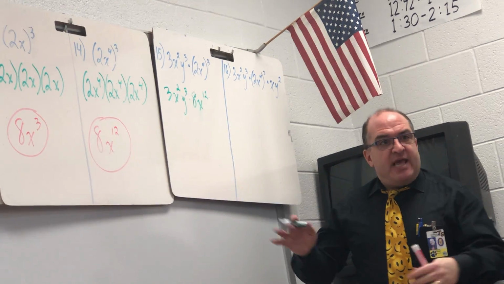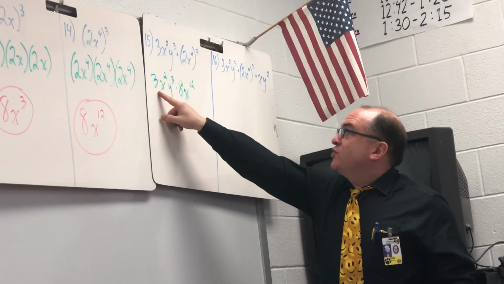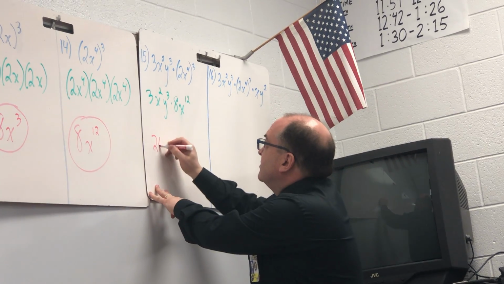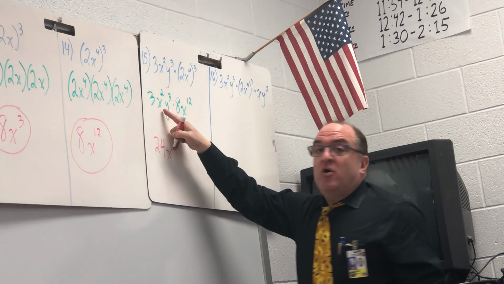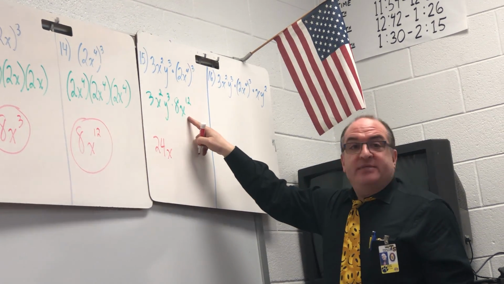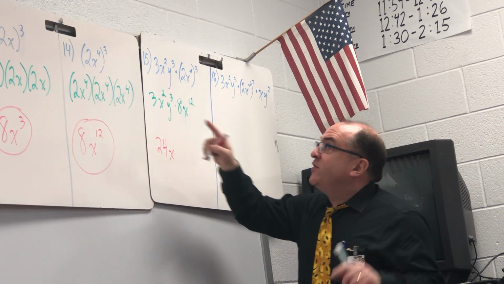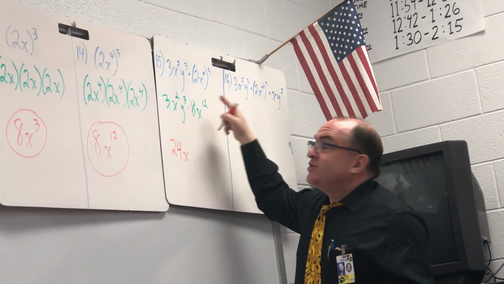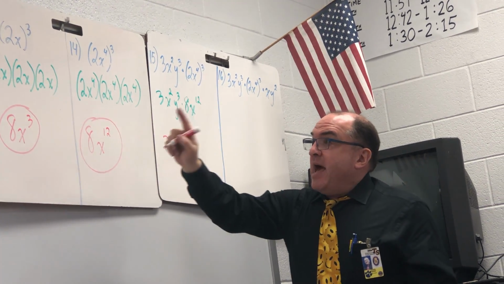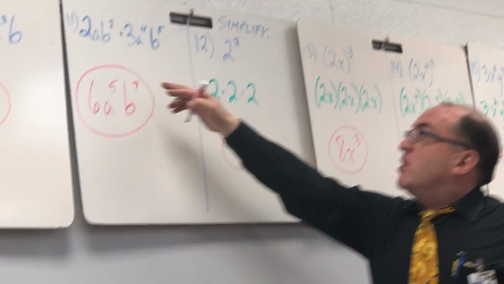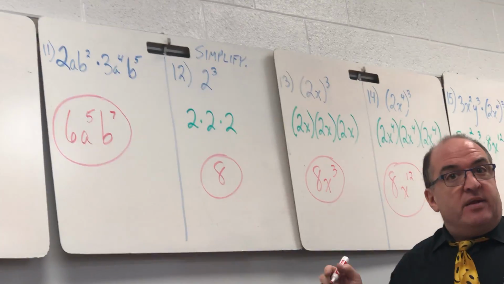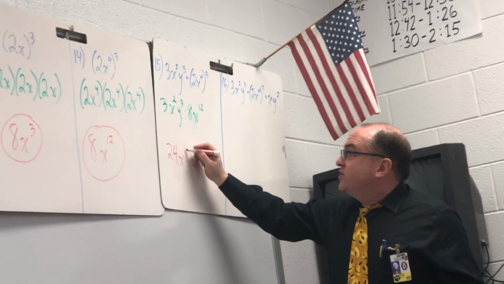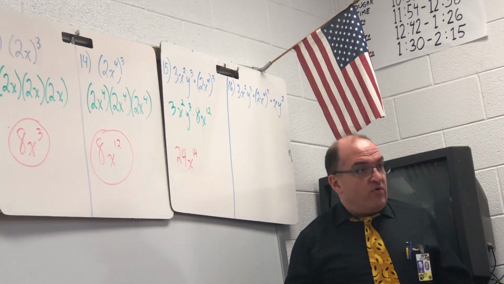Now let's put it together and say, okay, 3 times 8 is 24. Now, x to the second times x to the 12th. Don't confuse that with this. It's not x to the second to the 12th. Now we're back to this concept here, where we added the exponents, right? X to the second times x to the 12th is x to the 14th. Is everyone okay with that?